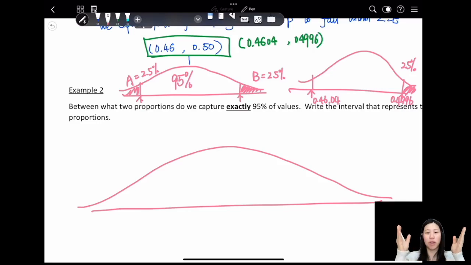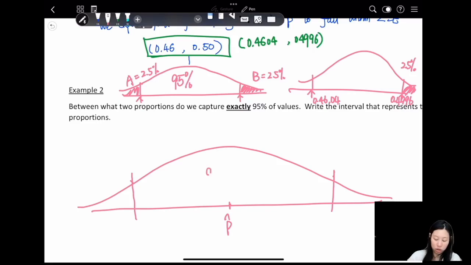We want to catch the middle one, because our goal is to catch the fish, which is in the middle, called p hat. In order to do that, we need to create a fish net which gives a 95% chance that we're going to catch that fish. So how do we do that? Because it's symmetric, we just need to measure the two tails. They're going to make up 2.5% each. Then we can find the cutoff value, right? This is the lower bound.